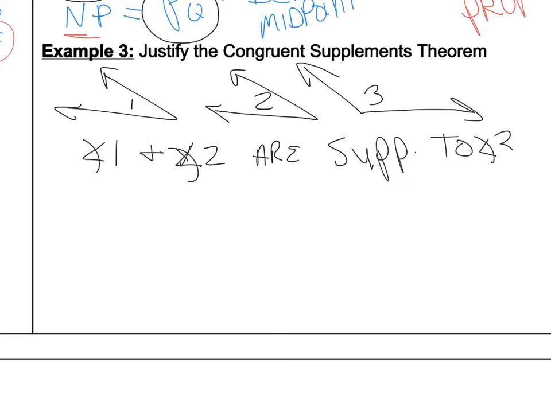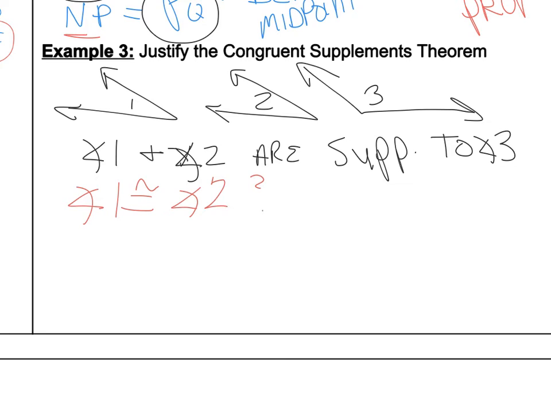to 3. Meaning, if you add 1 and 3 together, or if you add 2 and 3 together, they're going to be supplementary, meaning they're going to equal 180 degrees. So we want to prove, or what we're looking to solve, is whether angle 1 is congruent to angle 2. So here's what we can start with.